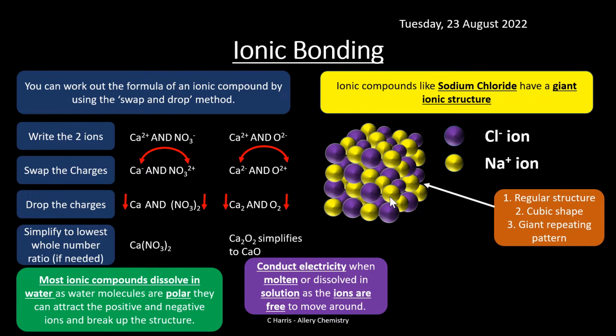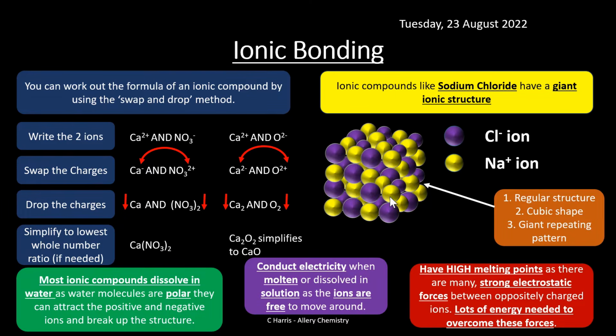If we melt salt, which I'll come back to in a moment, then the ions are free to move around as well, and so therefore it will also conduct electricity. So it's quite a common feature. But as I mentioned before, this really robust structure has a high melting point.